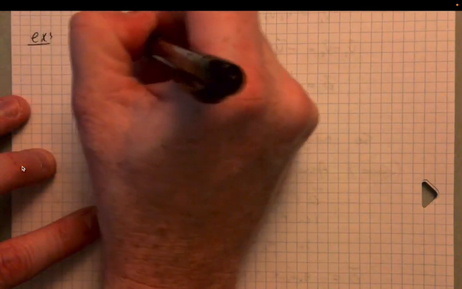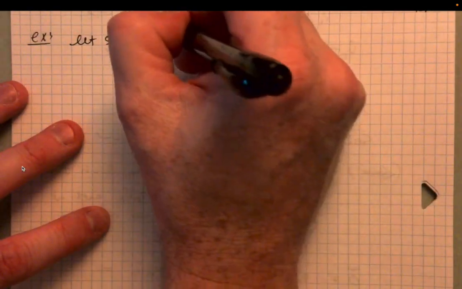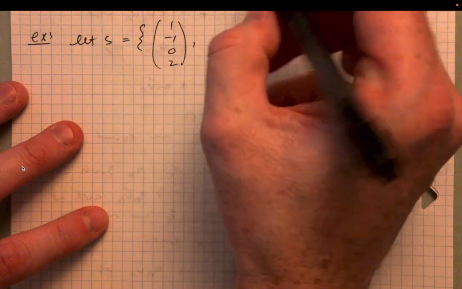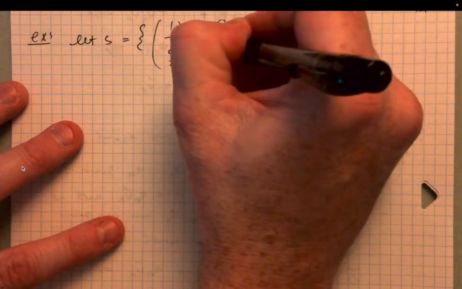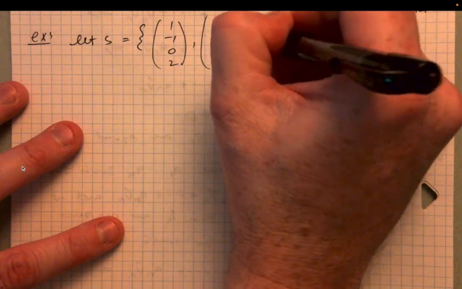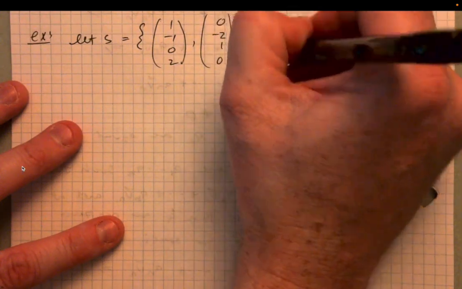This will be a motivating example for a method that we're going to use. So let's let S equal (1, -1, 0, 2), (0, -2, 1, 0), (2, 0, -1, 1).